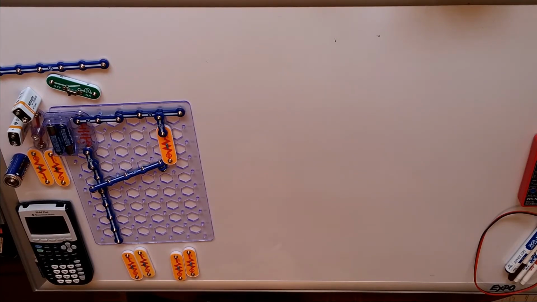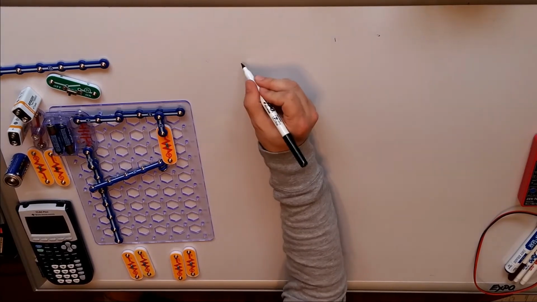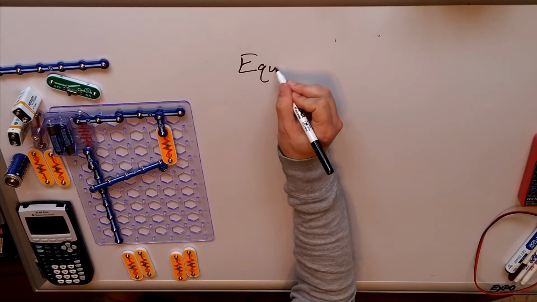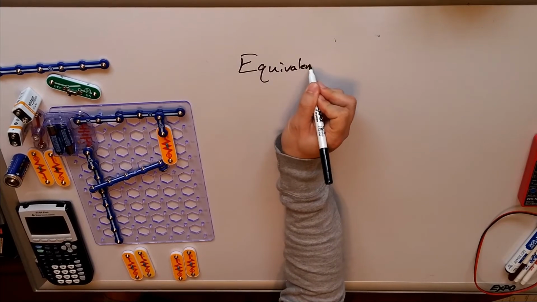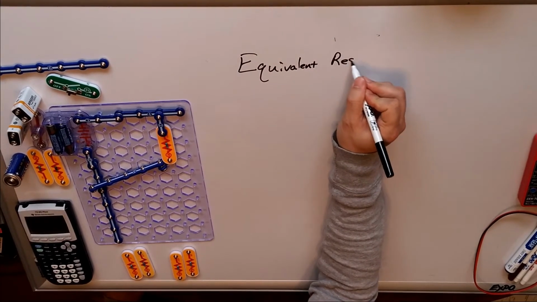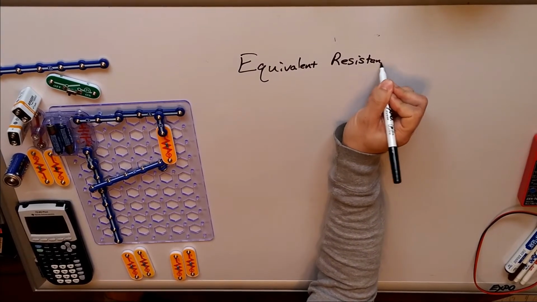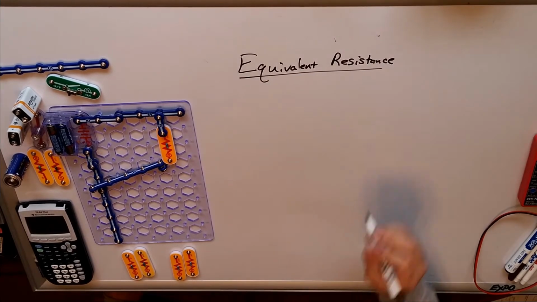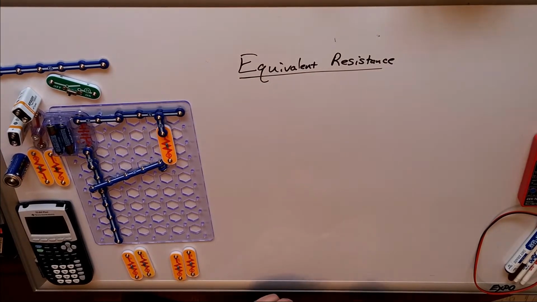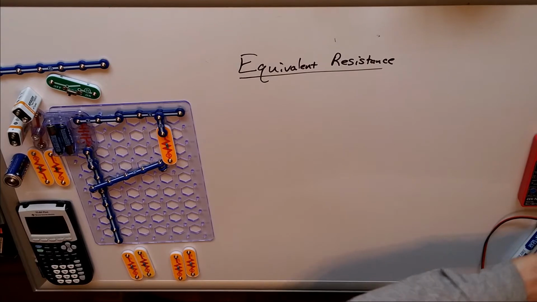So one of the things that we want to talk about is how we can deal with more than one resistor. And that ties into something called equivalent resistance. We're going to work through and see what we can find out about equivalent resistance. But first, let's talk about what that phrase even means.